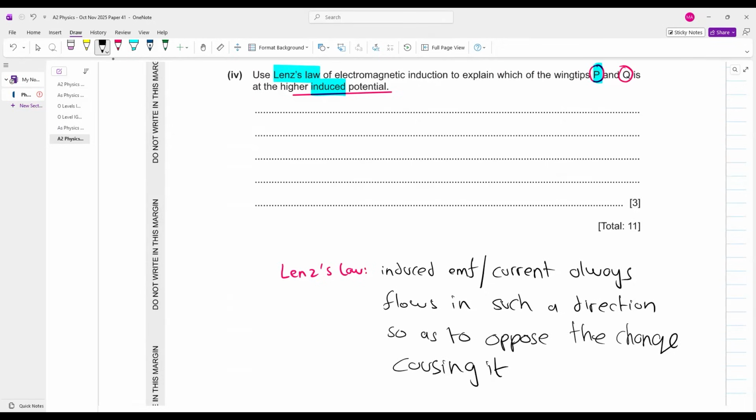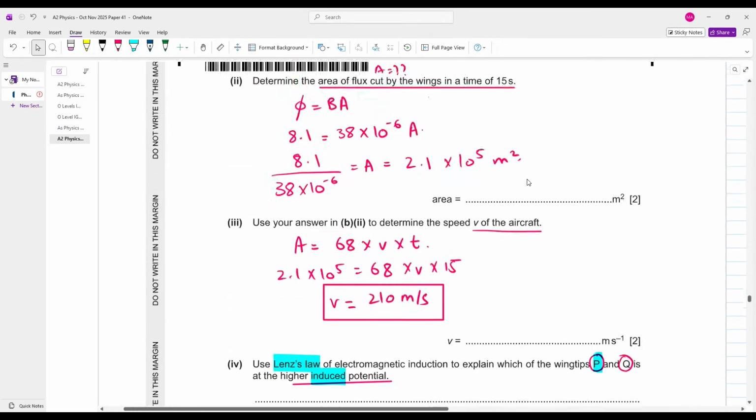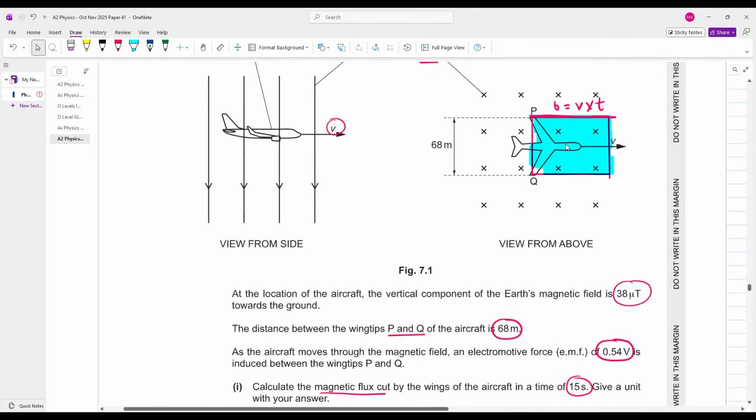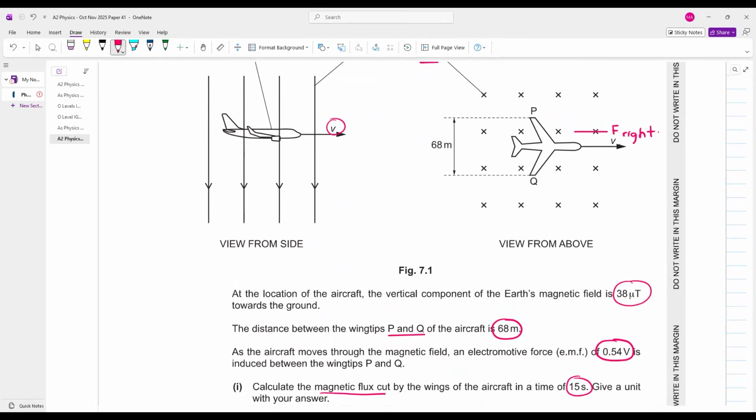Can you realize what is the force that we are applying? Okay, I am removing this. Can you realize we are applying a force towards the right side, because the airplane is traveling on the right side?